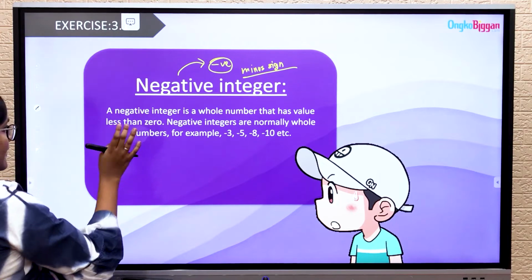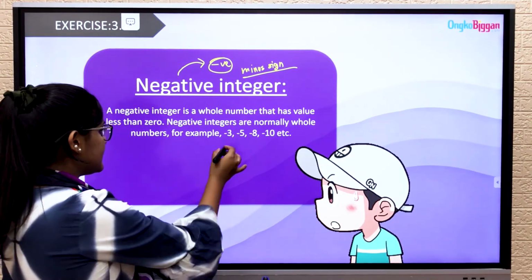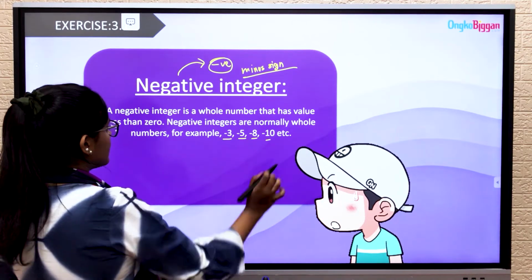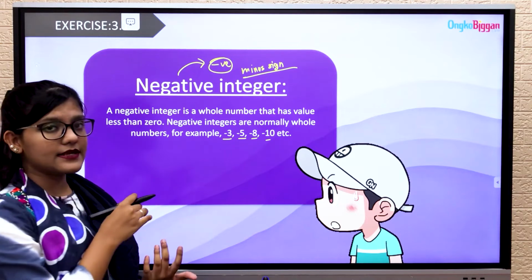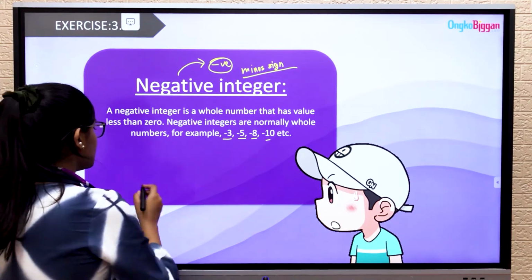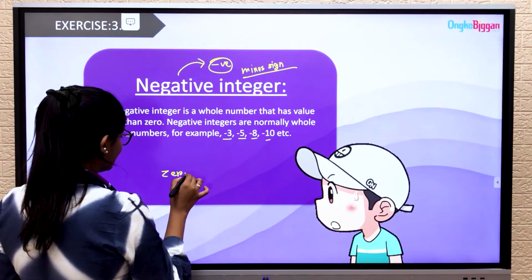In case of a negative integer we must mention the minus sign. Any negative integer is a whole number that is less than 0. We can say 0 is the center.